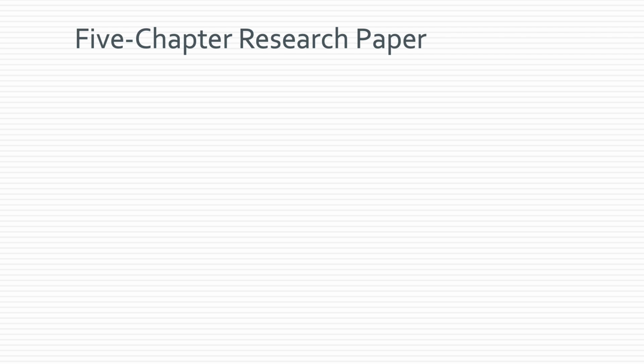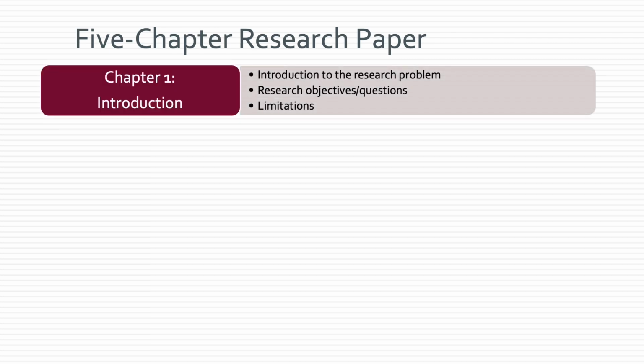We're going to start with the 5-chapter research paper, or also called a report. This might be something that you write or use for your applied projects or thesis if you decide to do one of those. The first chapter is chapter 1, the introduction, and this is where you would introduce the readers to your topic and then to the actual research problem that you have come up with, that thing that you want to find out about, or a question that you want to answer.